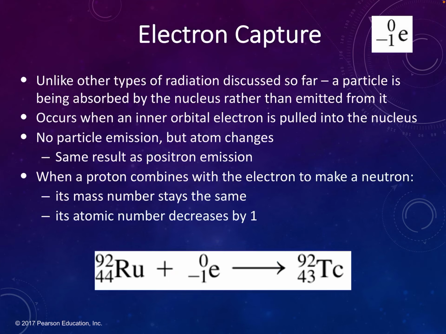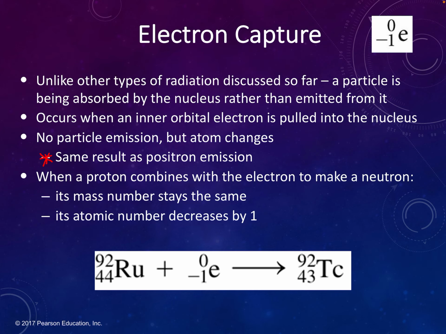So the mass number will stay the same because our total number of protons and neutrons in the nucleus doesn't change, but our atomic number decreases by 1 because we've essentially lost a proton because it changed into a neutron. There is no particle being emitted here, but our nucleus still changes. This is actually going to end up being the same result as a positron emission.